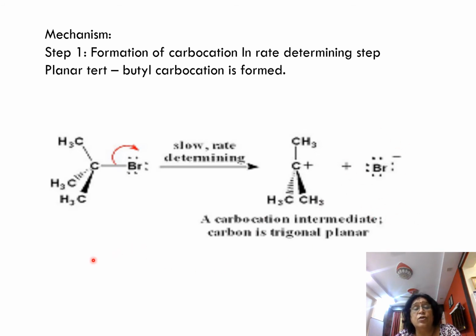Because the nucleophile here is a weak nucleophile, it takes time to approach the carbon, and therefore first the carbocation is formed, and then in the second step the OH nucleophile approaches the carbocation. This carbocation has sp2 hybridization and the carbon carries the plus charge.